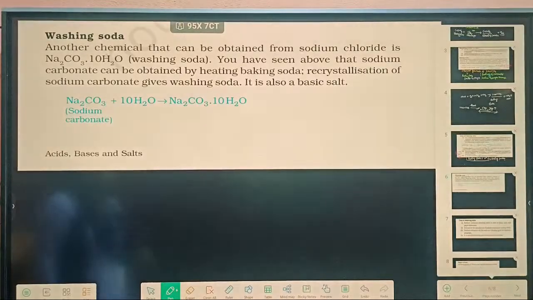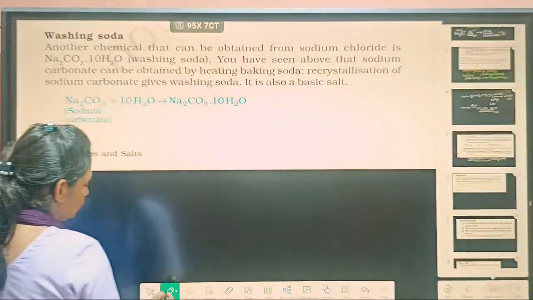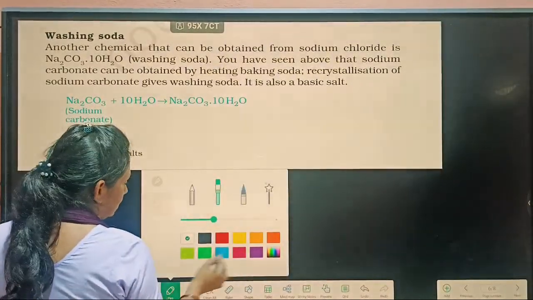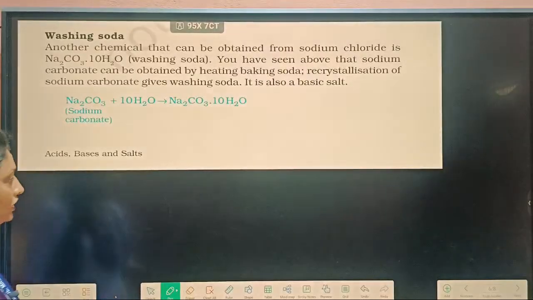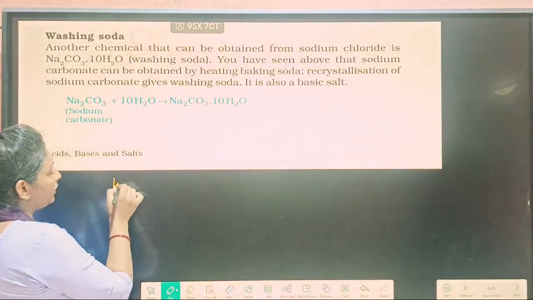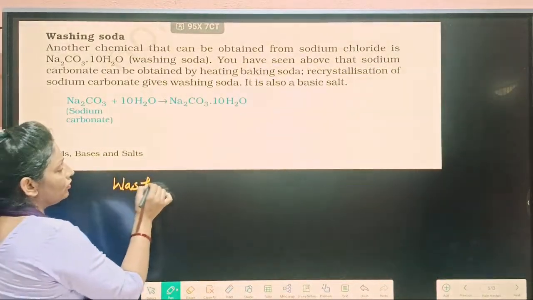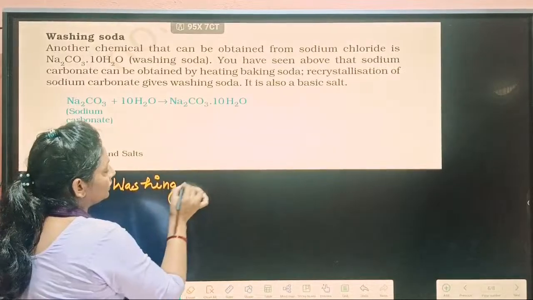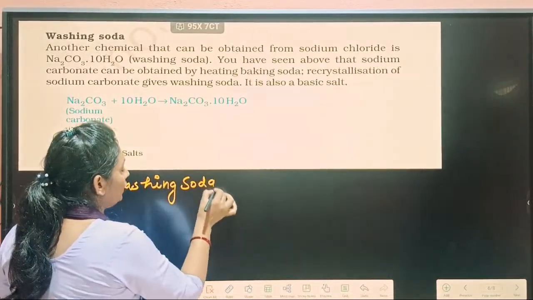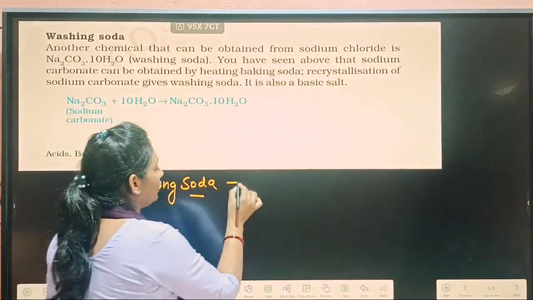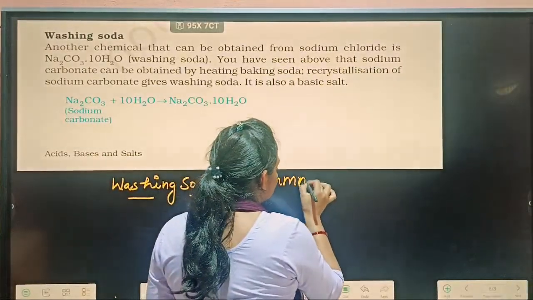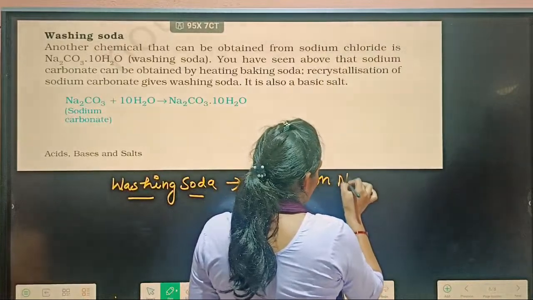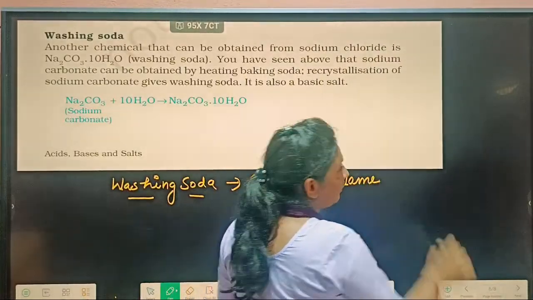Students, washing soda, first of all we should know about the chemical formula for this one. Washing soda is the common name. Students, you all know, almost every person has two names.